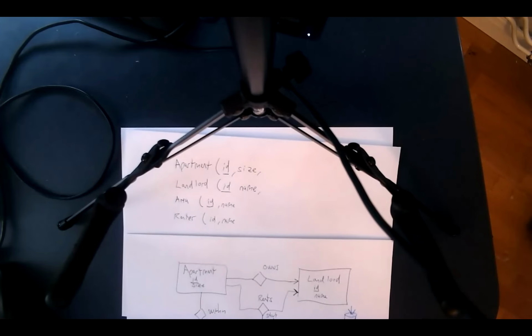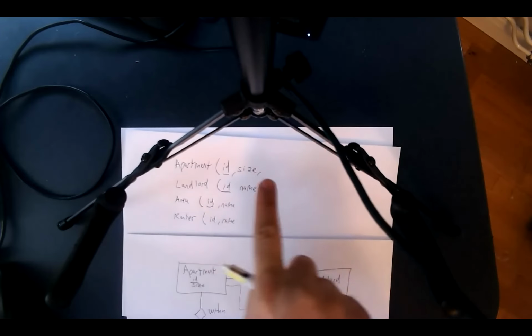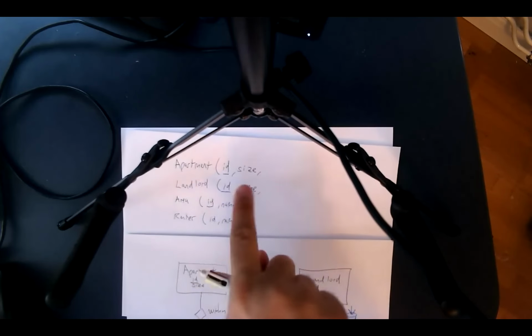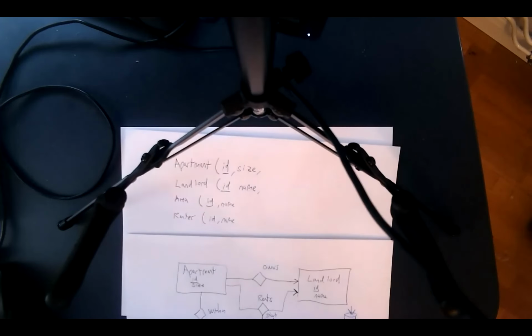Let's have a vote. How many people think that we should put the foreign key on apartment pointing to landlord? And how many people think we should put it on landlord pointing to apartment? It's the wisdom of the crowds, so whatever you guys tell me, I'll do it.